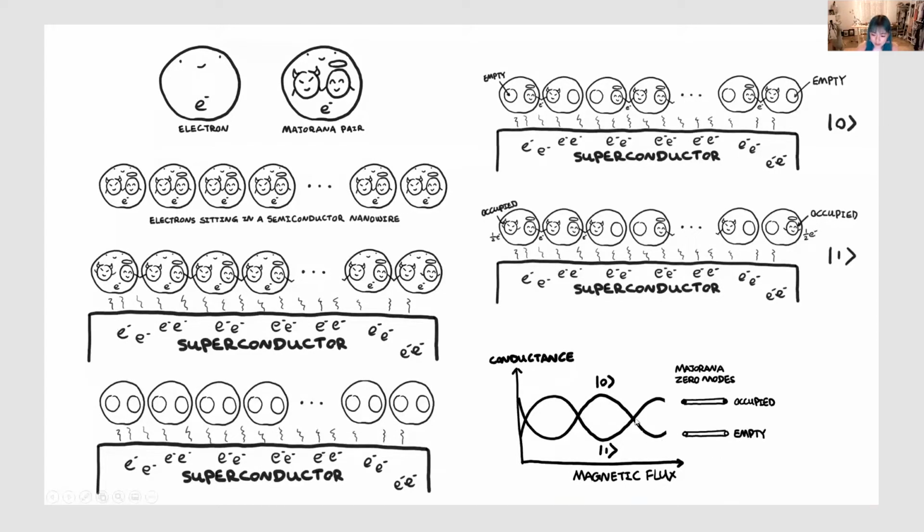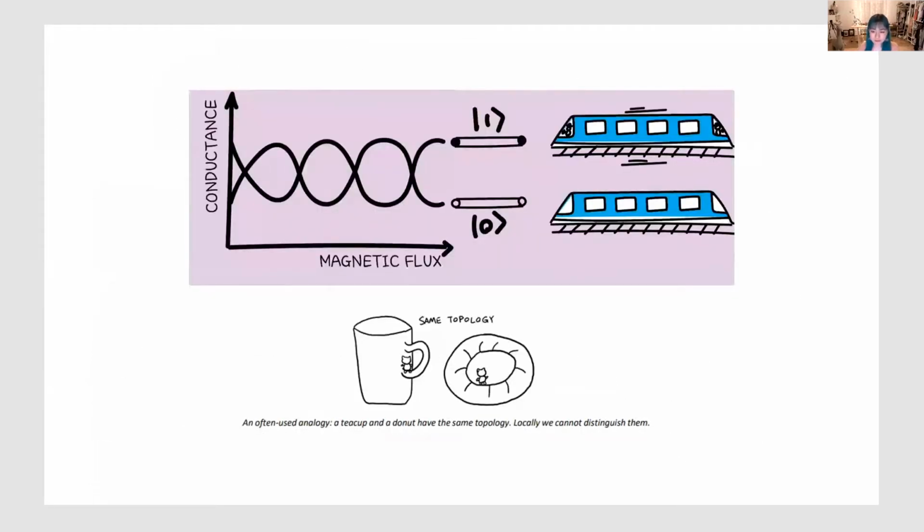When you do a measurement, you see it in the conductance. Then you can manipulate to have these two in superposition. And here, interestingly, the energy for these two states is exactly the same. They just differ by this configuration. And this way, you can even use the two states as your qubit 0 and 1.